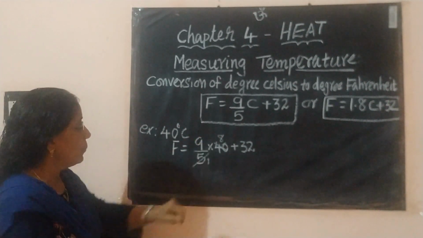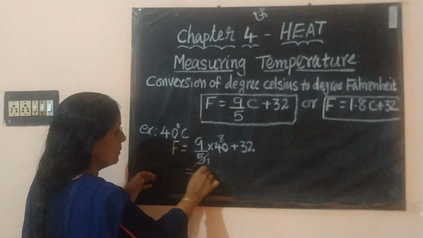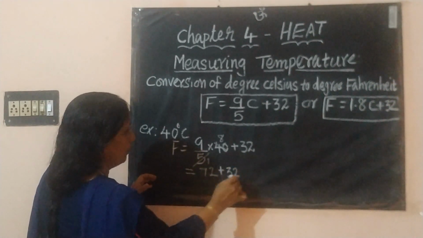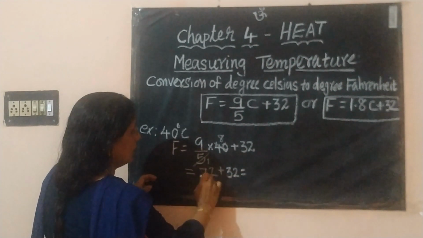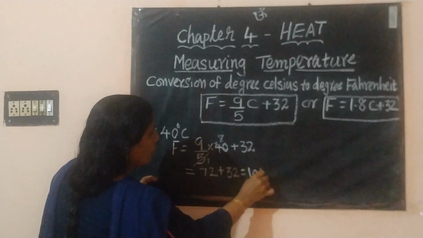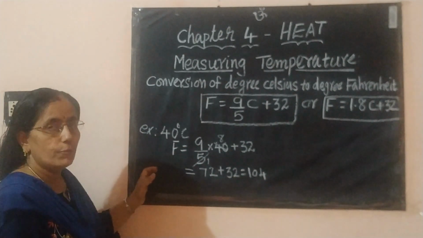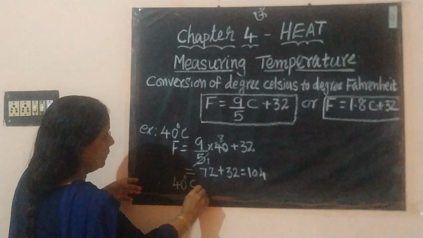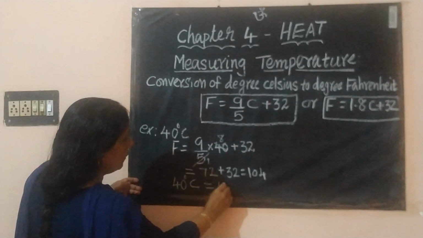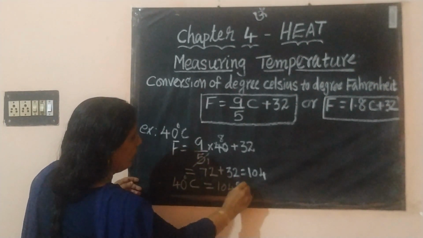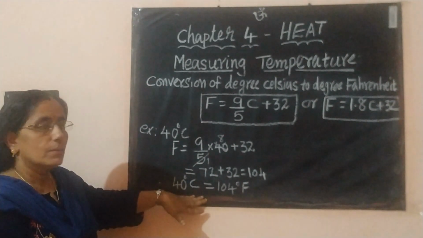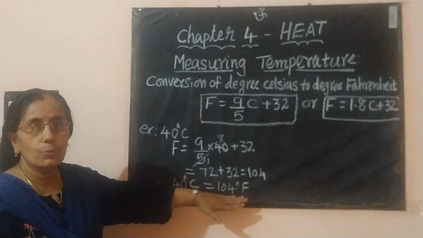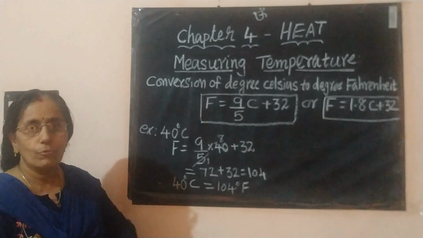Then 9 into 8, 9 8s are 72. 72 plus 32 is 104. Therefore, 40 degrees Celsius is equivalent to 104 degrees Fahrenheit.